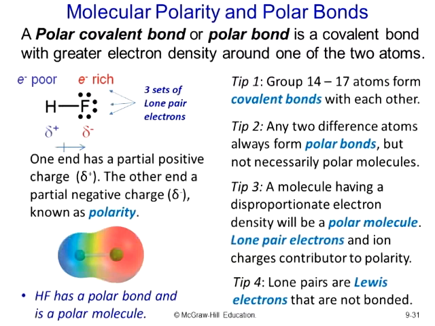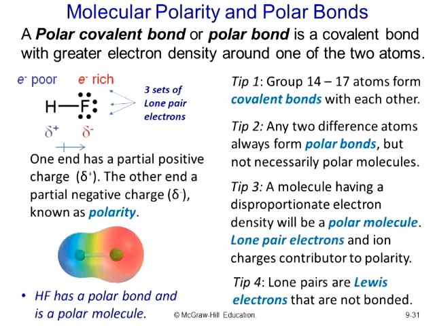A molecule having a disproportionate electron density will be a polar molecule. Some molecules, by design, have a higher electron density and are therefore polar molecules. Lone pair electrons and an ion charge contribute to polarity. So if there's an ionic charge, then that will contribute to the polarity of the molecule.